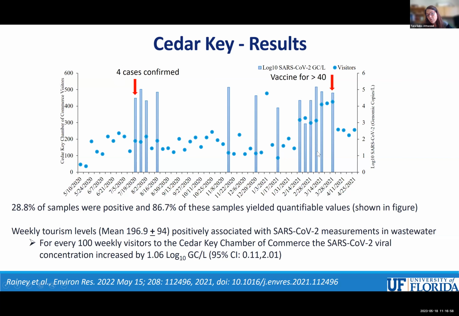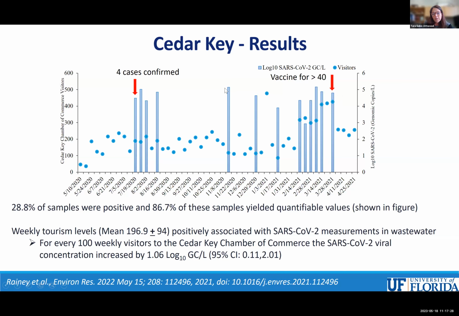What was also interesting was that was when we saw our highest cluster of positive hits in wastewater for the SARS virus. The last point I'll make is that right after this last time point where we see an increase in March, we see a decrease of the presence in wastewater, and that corresponded to the rollout of the vaccine for, at least at that time, people over 40.